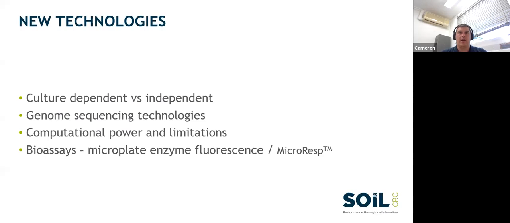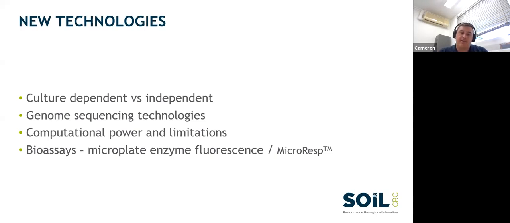So we're at a stage now where we have gene sequencing technology that needs a supercomputer to run it and say with absolute certainty what's there and what isn't. There's obviously human error involved in these samplings as well, but the biggest limit in terms of microbial diversity is the computing power to run the statistical analysis of those samples.